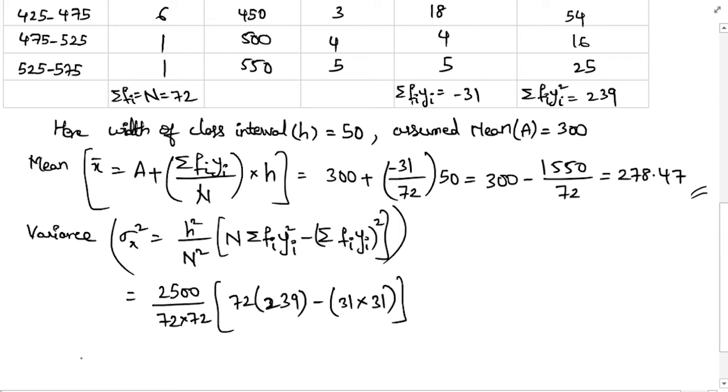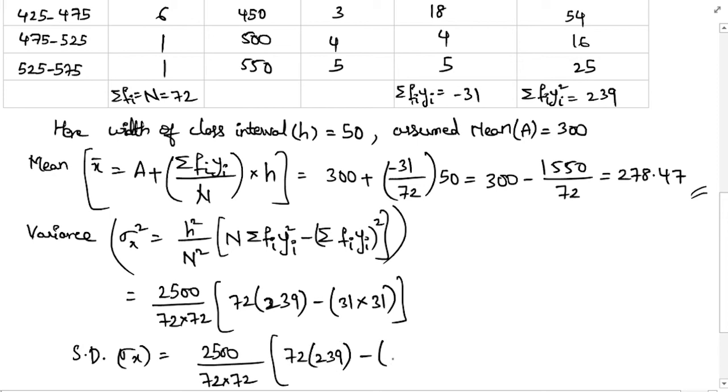So SD, that is our standard deviation, sigma of x, will be equal to the root of this, right? Whole root of this, that is 2500 divided by 72 into 72 into 72 into 239 minus 31 into 31, whole root of this.